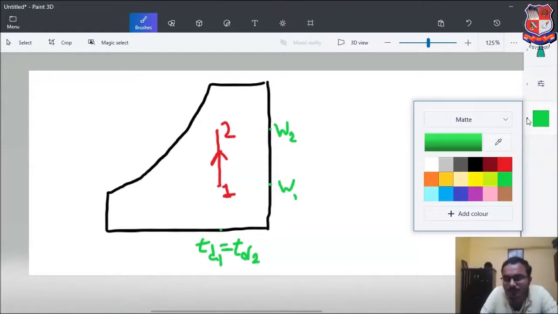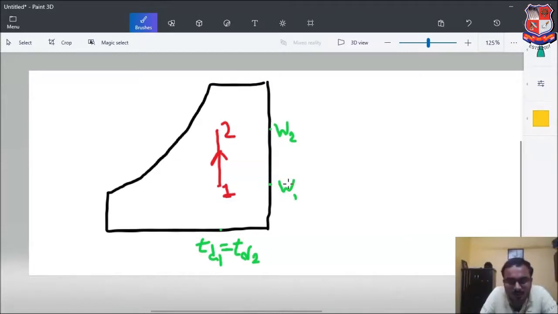As well as, if you see the relative humidity lines, then the relative humidity is also increased. That is, this was, let us say, phi 1 and this will be phi 2. So this has increased.